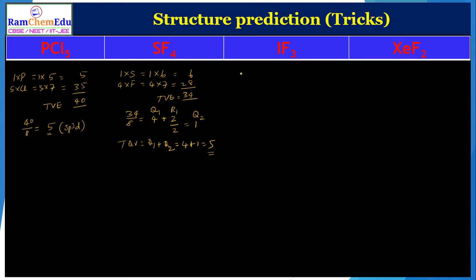For IF3, I can consider the same way. I have 1 iodine and 3 fluorine. So here 1 into 7, and here also 3 into 7. So the result will be 7, here 21. So the result will be 28, that is, total valence electrons equal to 28. It is more than or equal to 8, so I divide it by 8. So the result will be 3 8s are 24 plus 4.